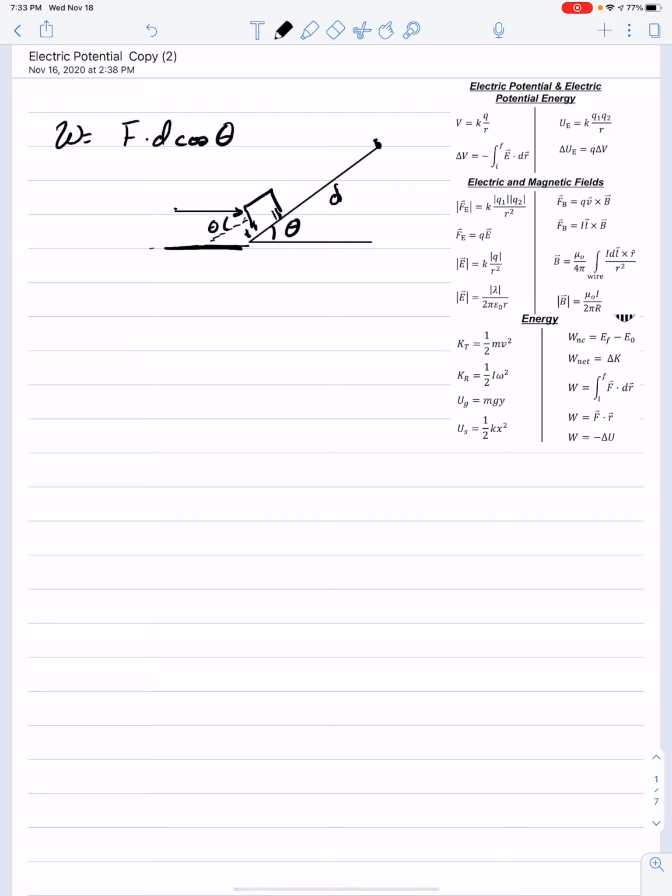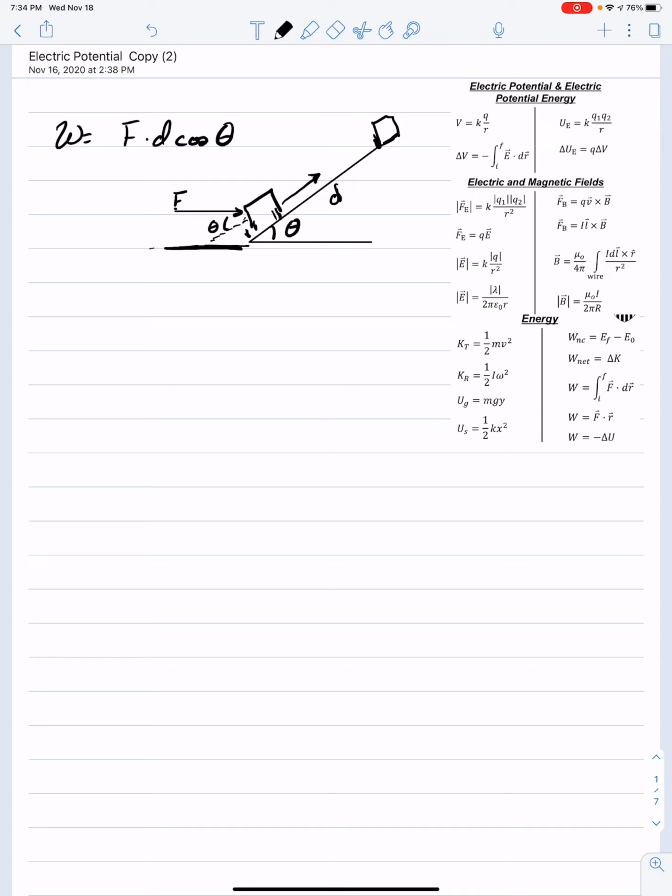That angle is theta. Because we have to make it parallel to the distance traveled, and once you start pushing it, it starts traveling a distance d all the way up here.